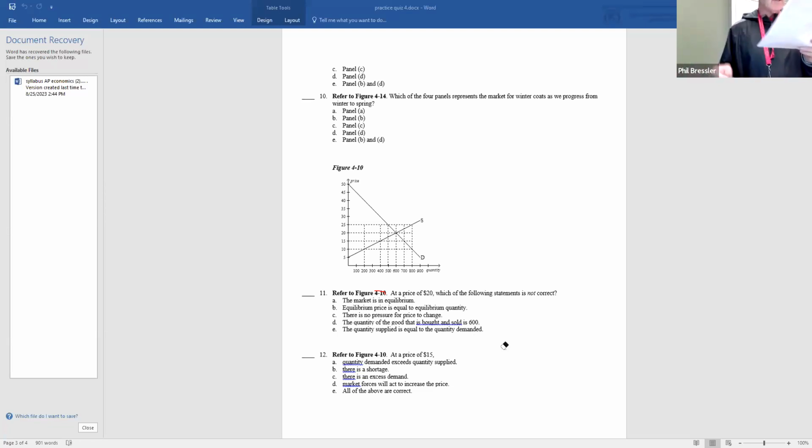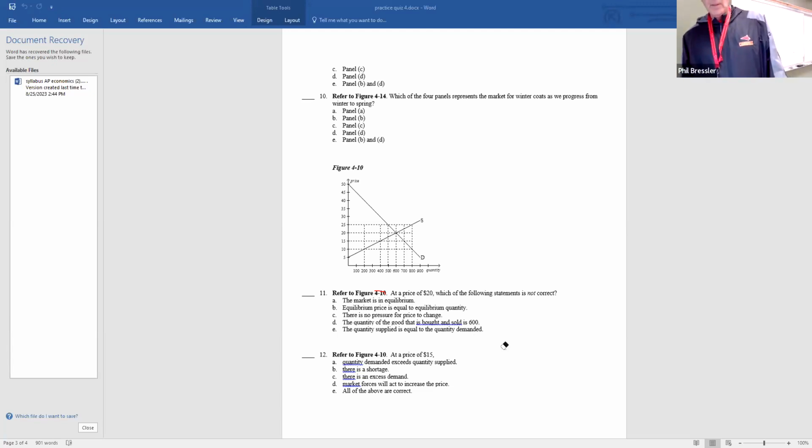The market is at equilibrium because at $20, quantity supplied is 600 and quantity demanded is 600. Equilibrium price is equilibrium. No, that's not correct. The equilibrium price is 20 and the quantity is 600. They are not equal. So B as in broccoli is the answer there.